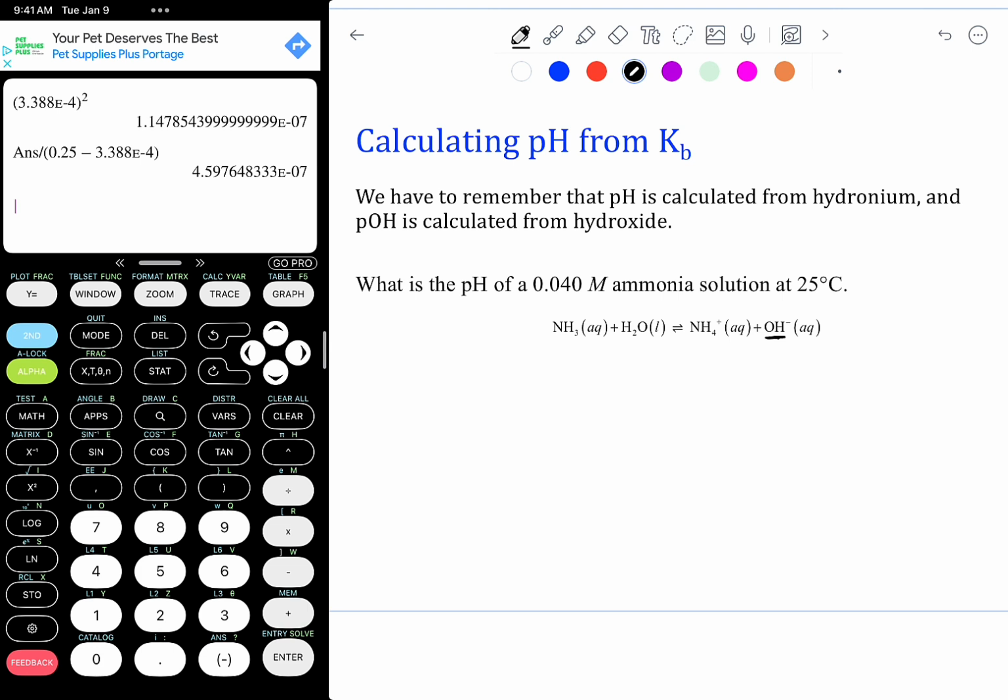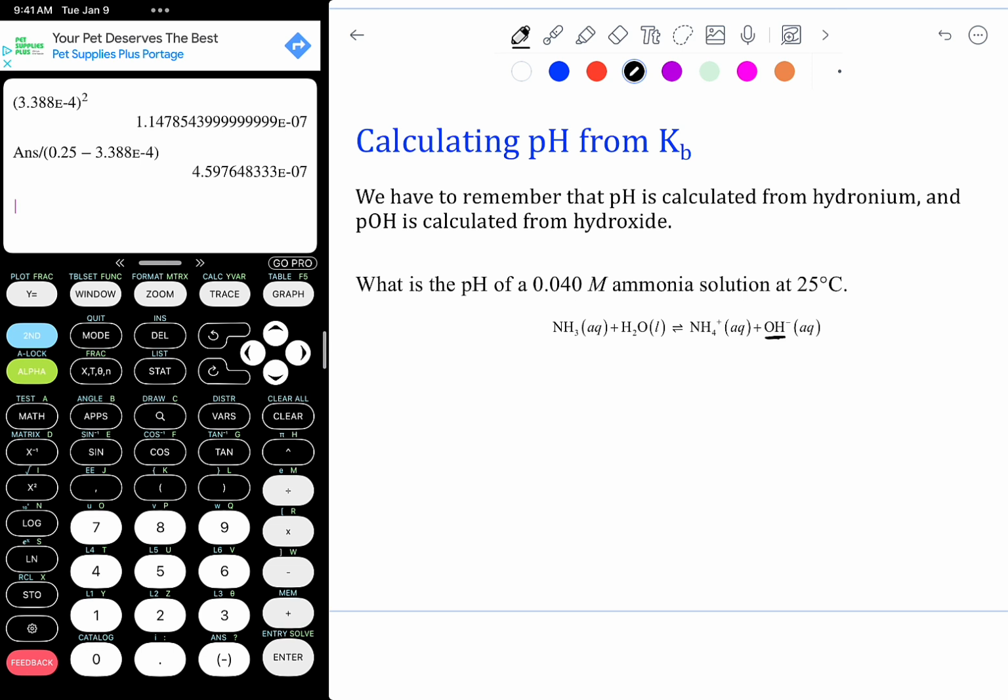So again, always look at what the problem is asking for. If it's asking for pH, then we have to remember that we're getting the OH- concentration, which means we can find pOH, which means we can then subtract that from 14 to find pH. If it's just asking for the pOH, then you don't have to do that last step.